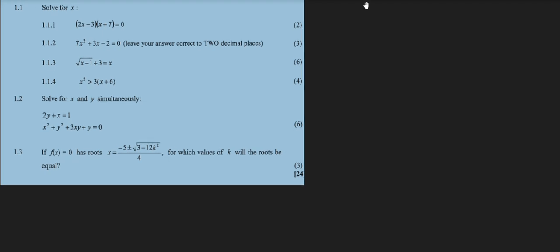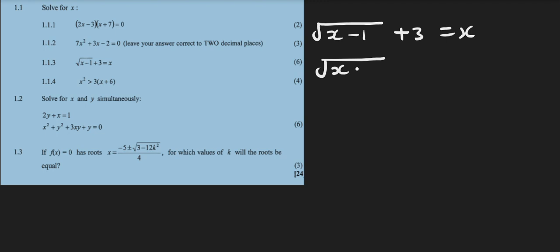On 1.1.3, looking at this statement, we have the square root of x minus 1, added to 3, equals x. So what we need to do here is eliminate this 3 on the left, and also on the right. So we are just going to subtract 3 on both sides.